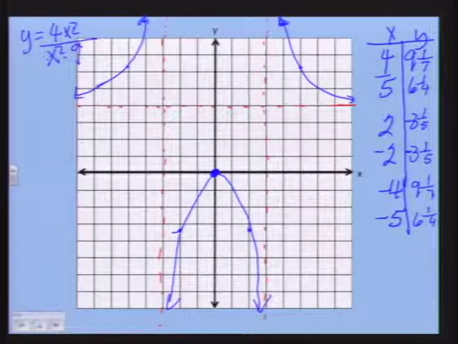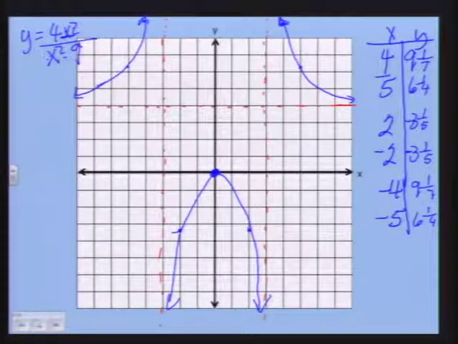And that's our graph. Now how did the other graph look? It actually went through the horizontal asymptote, didn't it? This one doesn't, so it changes a bit with an x squared as opposed to an x. Remember when we had the 4x in the numerator, we had origin symmetry.